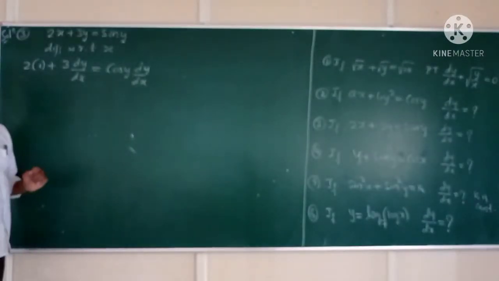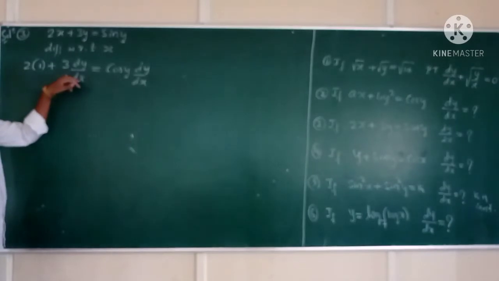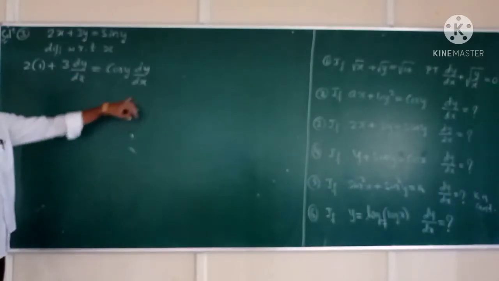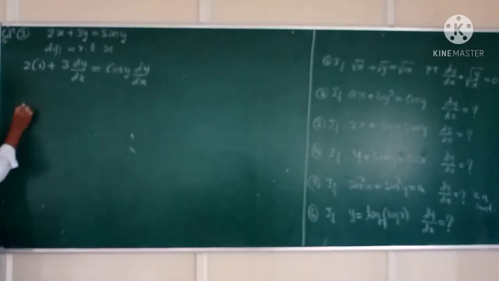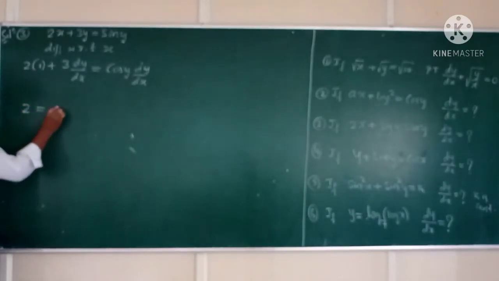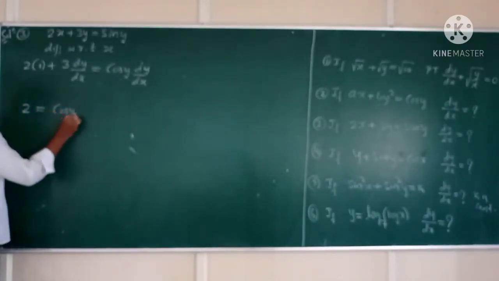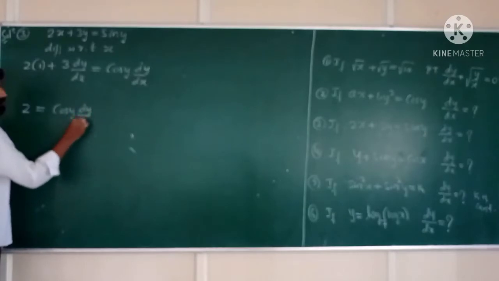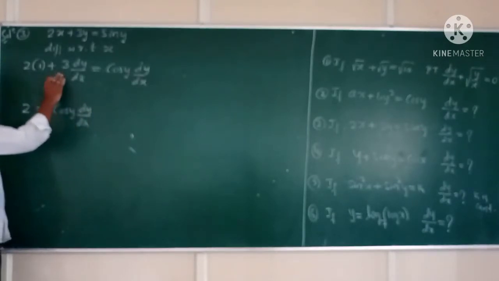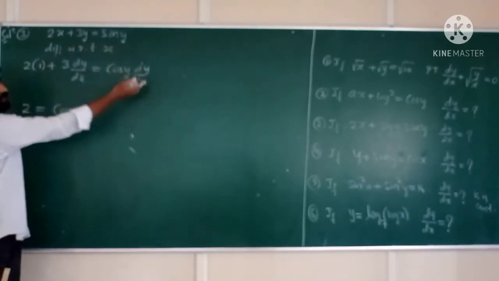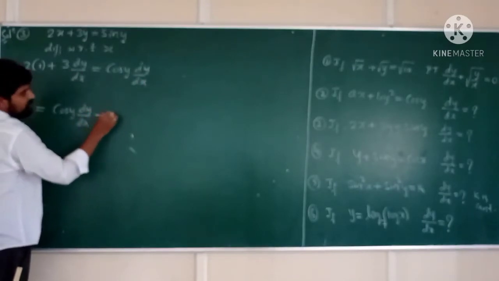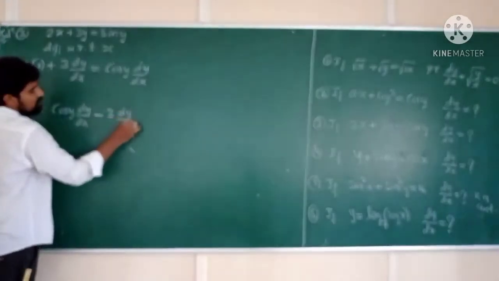We need to find the value of dy by dx. So for that, shift this 3 dy by dx towards the right hand side. It becomes 2 into 1, 2, is equal to cos y dy by dx. After shifting this plus 3 dy by dx towards the right hand side, it becomes minus 3 into dy by dx.